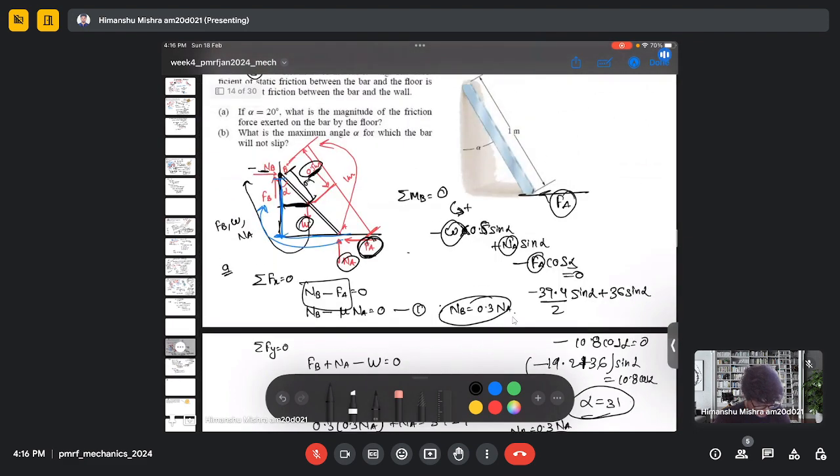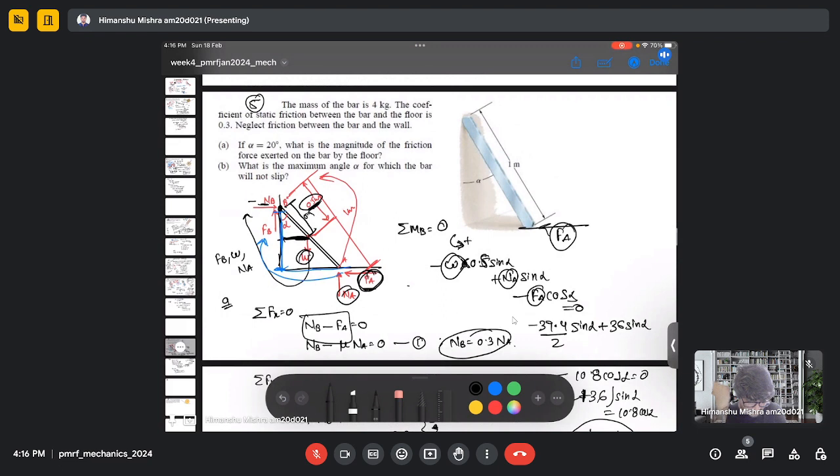So just to calculate the angle, we actually take the moment at B and we do the summation of all the moments, which is the summation of all the moments caused by the forces exerted at point A, as well as the weight which is not acting along the line of B, and that will give me alpha.